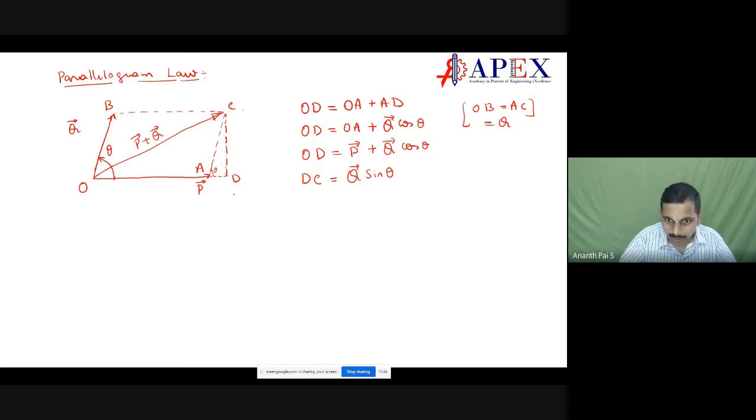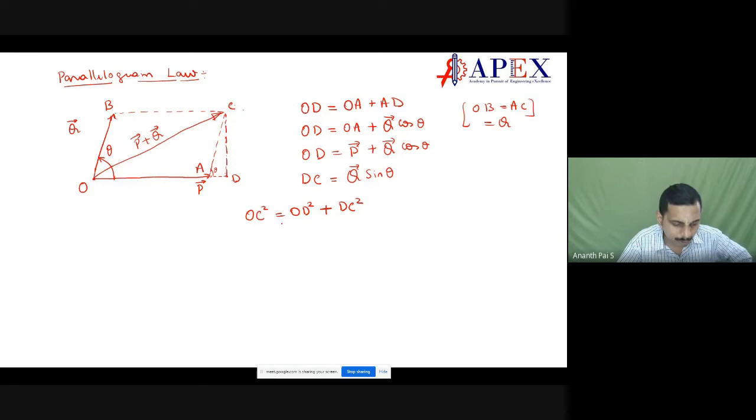Okay. Now, again, let us say OC square, because we have to find OC square. OC square can be written as OD square plus DC square. Makes sense? Because O, D and C is a right angled triangle. Is it not, students?